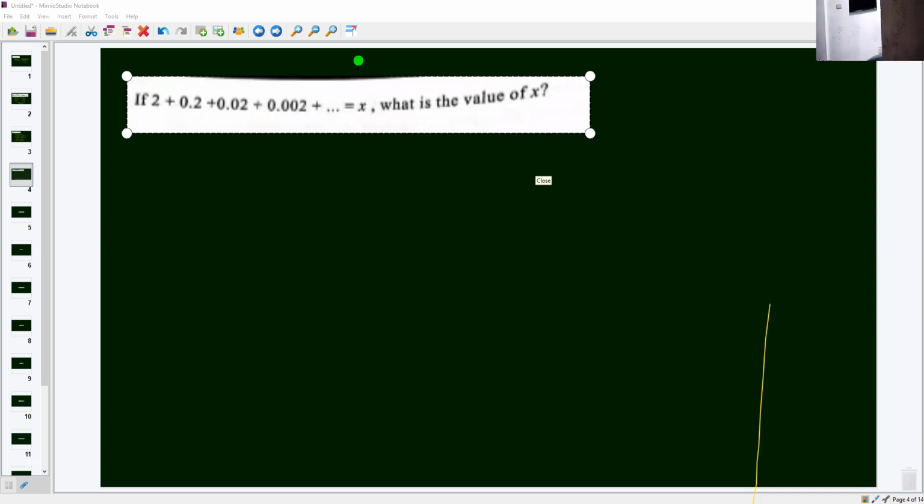Hindi ka, Kiel, walang double factorial ang fraction. You cannot make a factorial out of a fraction. Okay, so yun. Okay, good. Marami na nag-send.